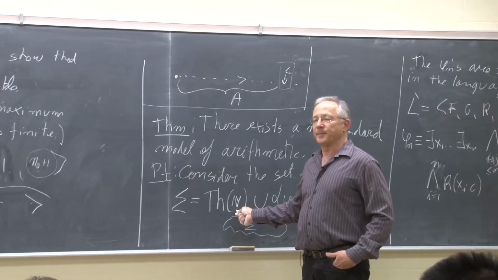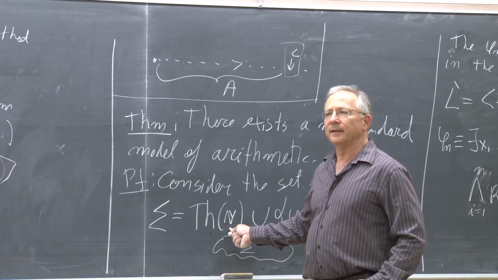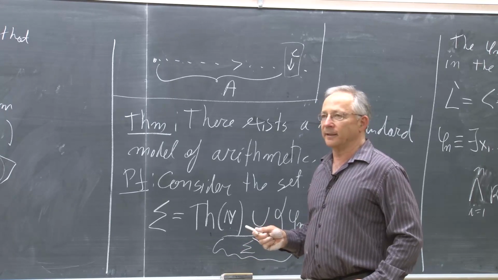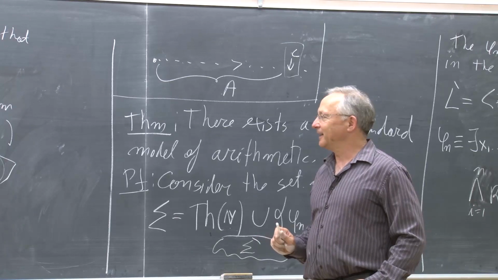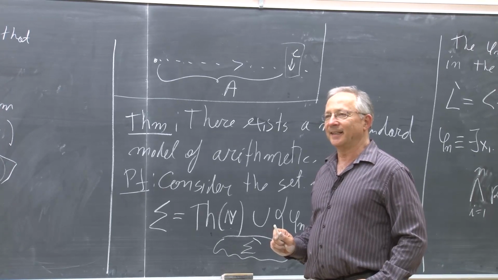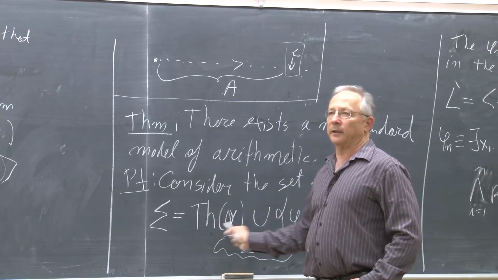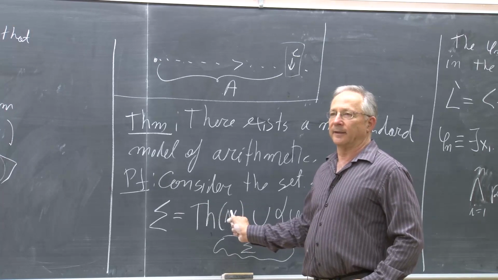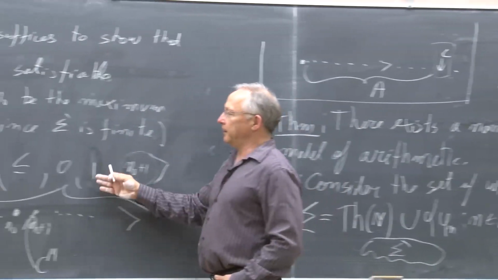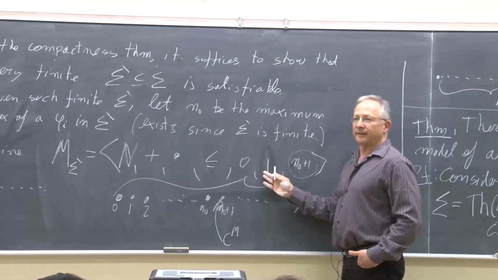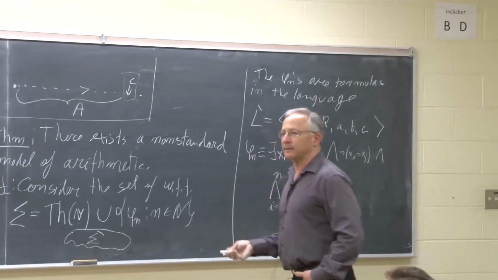So it holds vacuously? What do you mean? You said that the constant c exists in n, but it wasn't mentioned in the theory of n, right? The theory of n is in the old language that didn't have c. Right, it didn't mention c. So since we don't mention c, the structure that I use here is the old n. If we don't have a name for c, this is the old n.